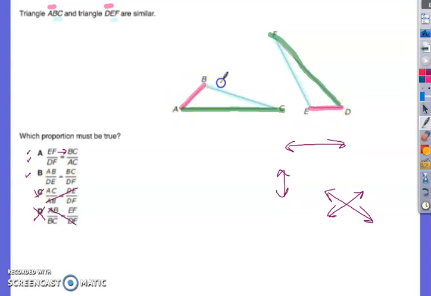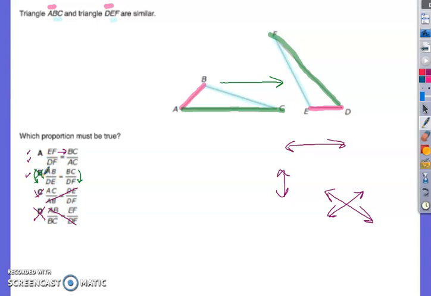Okay, that means we're going this way. AB on one of them, DE on the other one. That means they're doing a like top bottom. Okay, which means BC, DF, BC, and then DF. Notice those will not correspond. Okay, those are not going to go together. So this one is wrong.